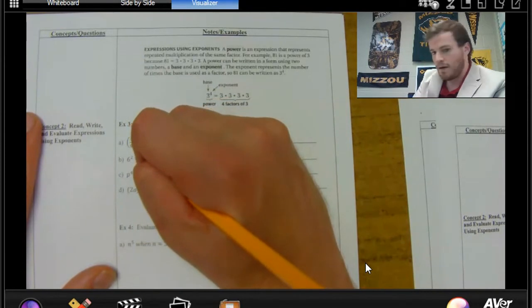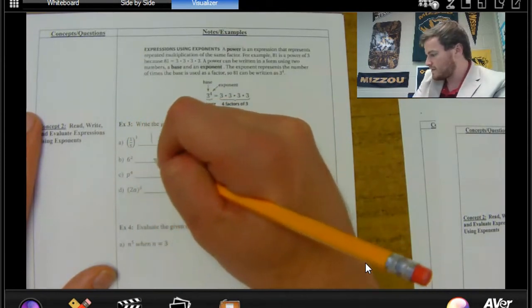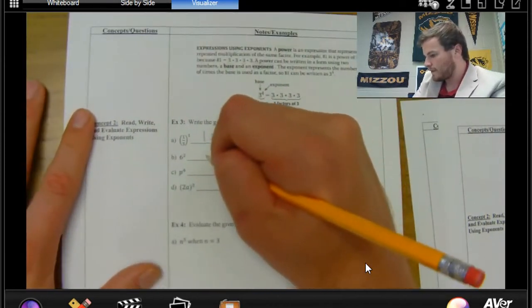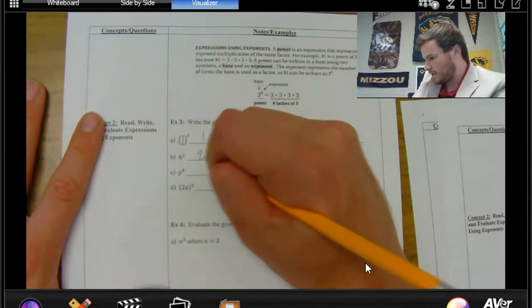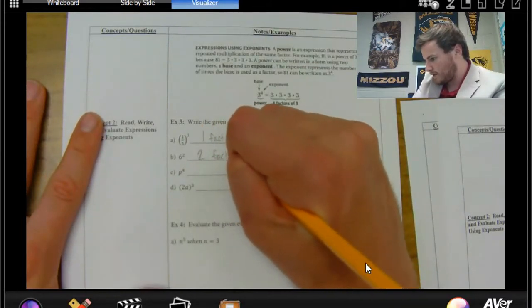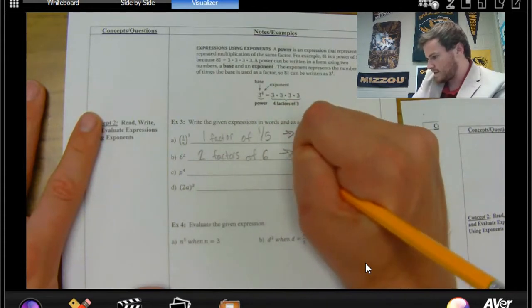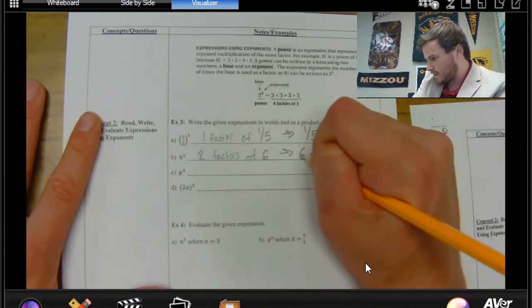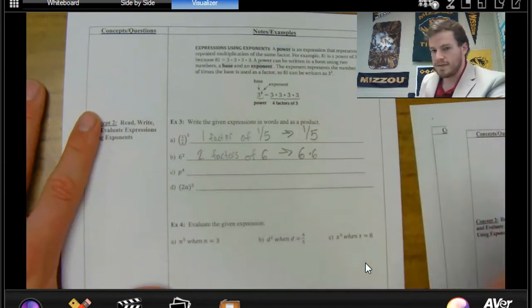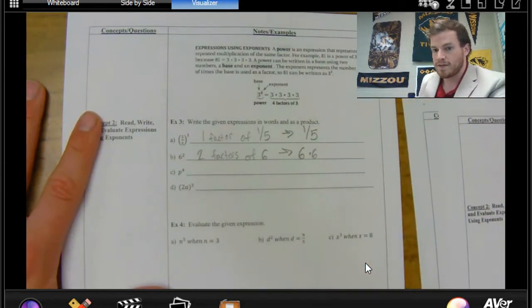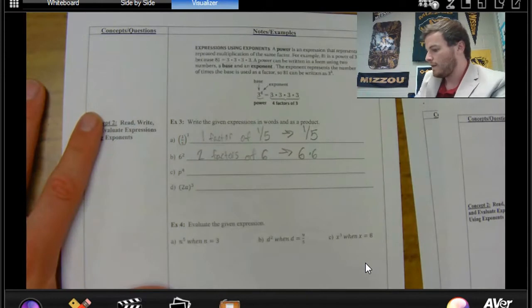On B, it says 6 squared. That means we have 2 factors of 6, which is 6 times 6, which is equal to 36, but we don't need to write that down.